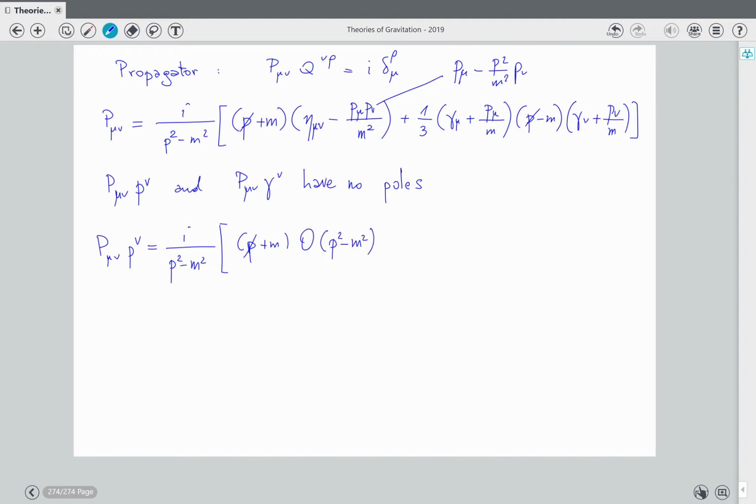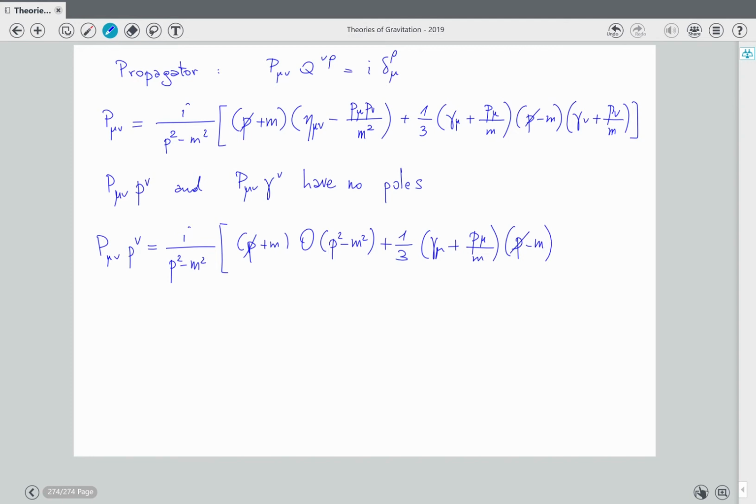There is a p squared minus m squared. When p squared is equal to m squared, it is 0. So the only thing is the rest. And the rest is 1/3. So we have to contract with p nu: gamma mu plus p mu divided by m. And then we have p slash minus m.